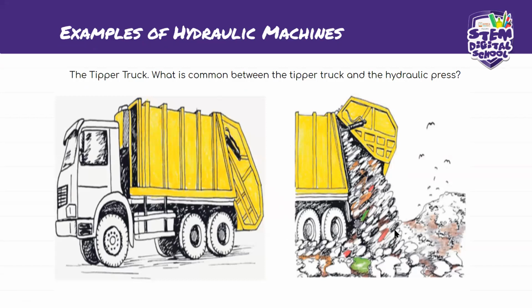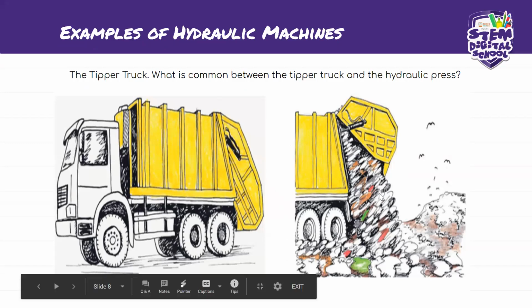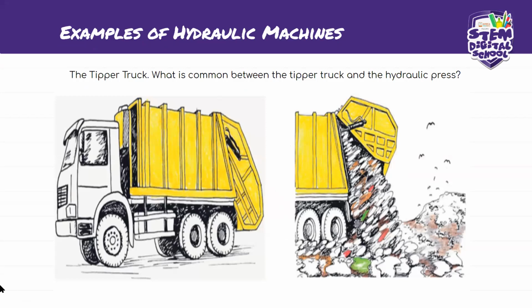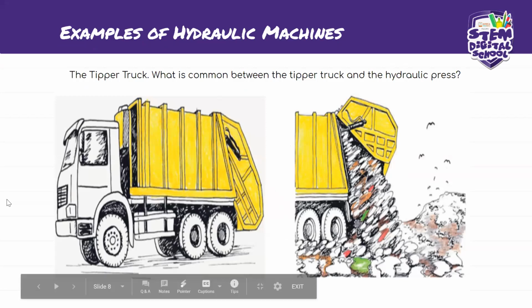But when you look at this garbage, it is compressed, because if this garbage truck is traveling from street to street collecting garbage, it must have enough space in this container to collect all the garbage, all right?